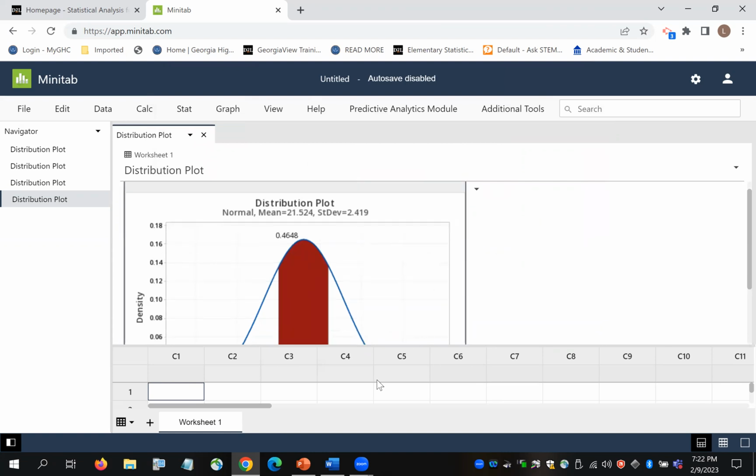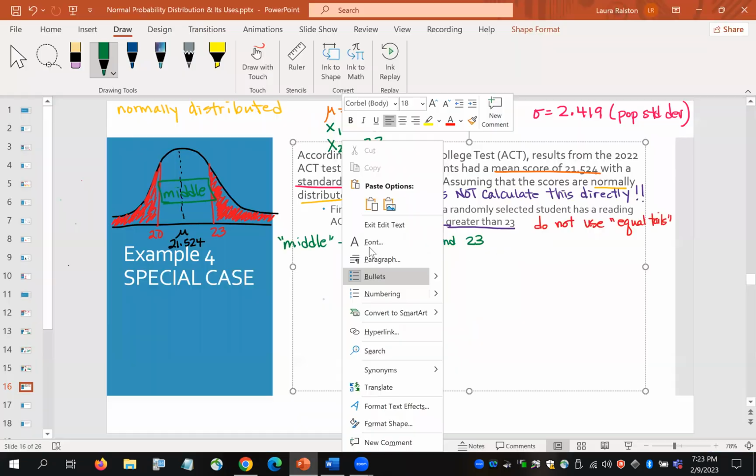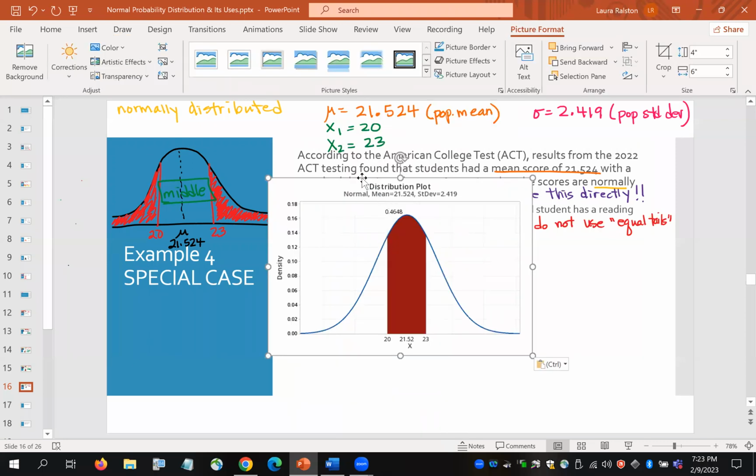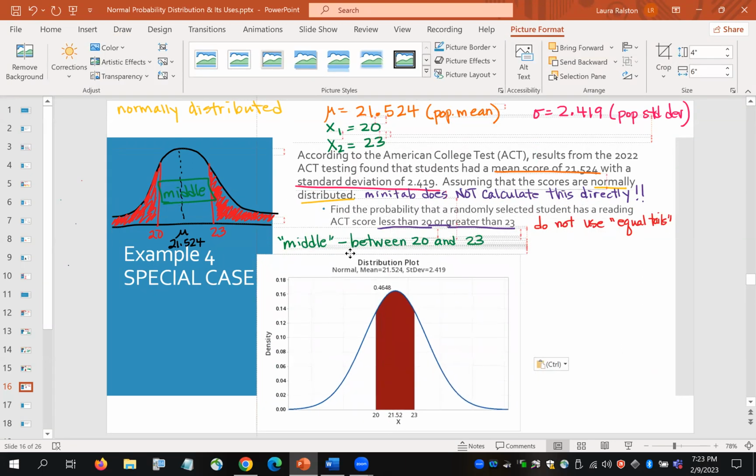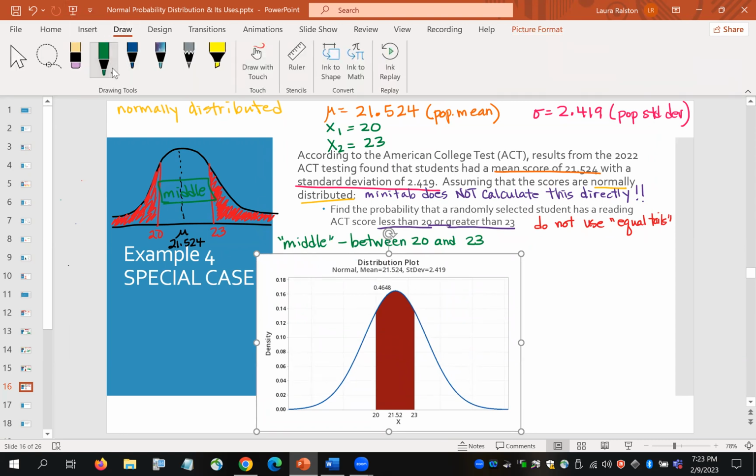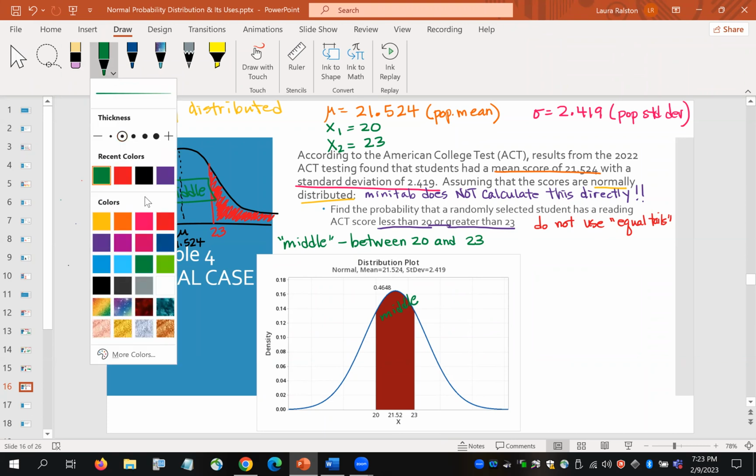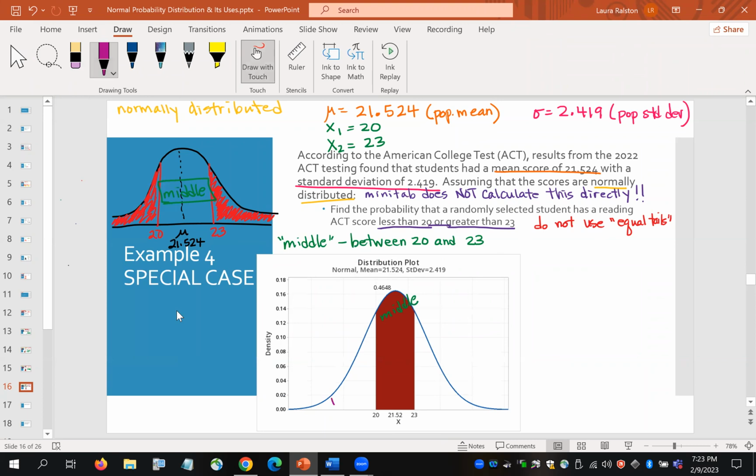Now you're going to notice that the graph that Minitab created does not look like the one I drew. Because what we did, again, was have Minitab calculate the middle, when what I really need is this area out here in the end.